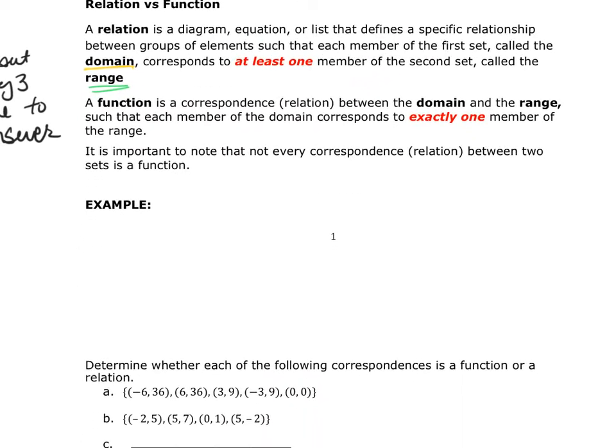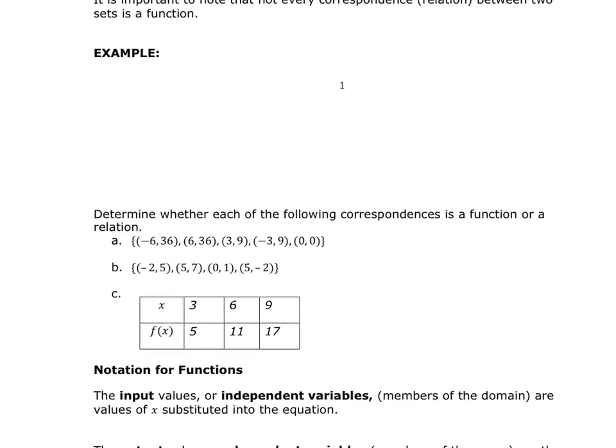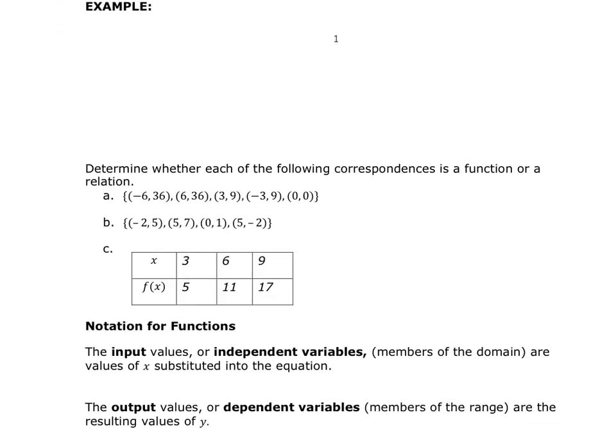So if I'm asked to determine whether my relationship is a function or just a relationship, what I'm looking for is a repeat in my values for x. These are ordered pairs. I have 1, 2, 3, 4, 5 ordered pairs, and so I have a relationship. I don't know what the rule is to get from my x value to my y value.